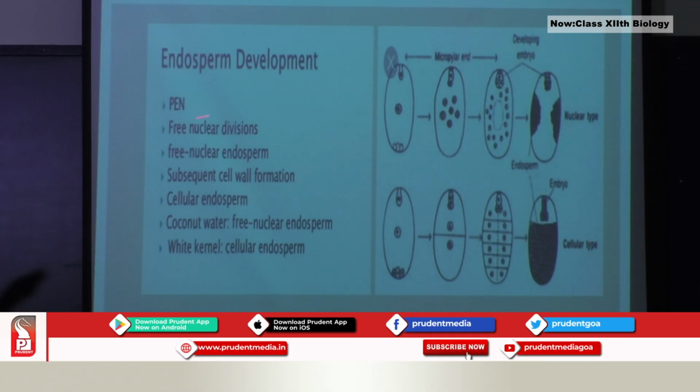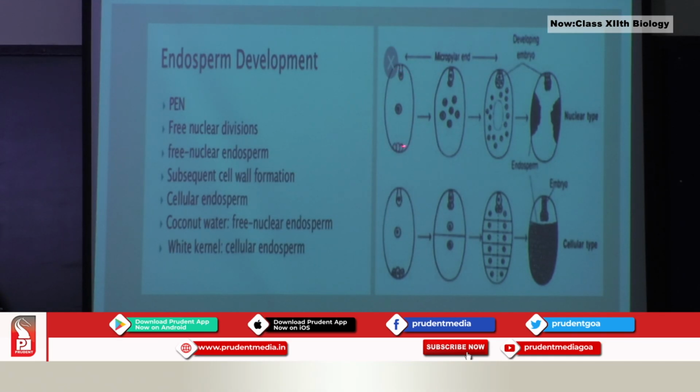Here, you can see this is the primary endosperm nucleus, inside this cell. This was earlier the central cell, but now it is the primary endosperm cell carrying the primary endosperm nucleus. What is this, students? This is your zygote, the diploid zygote.